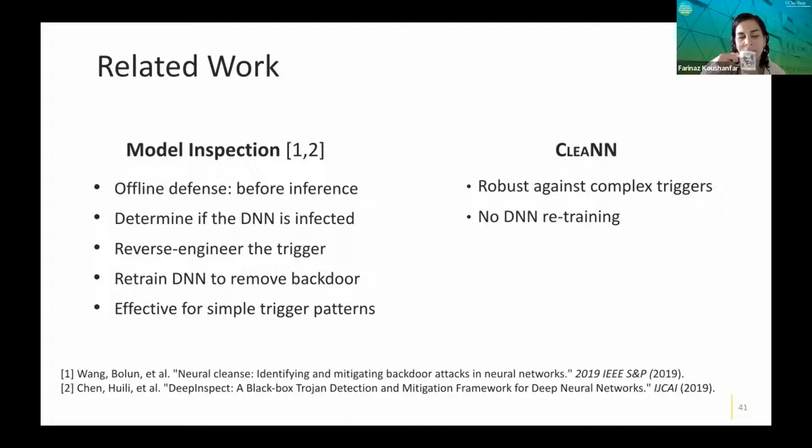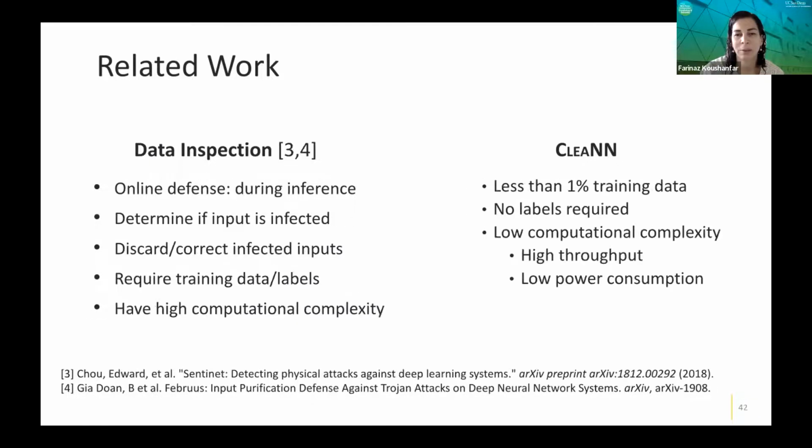They retrain the DNN to remove the backdoor, and this is effective for simple trigger patterns. In CLEAN, we looked at how you could be robust against complex triggers, and we didn't want to retrain the original model. So that was basically out of the question.